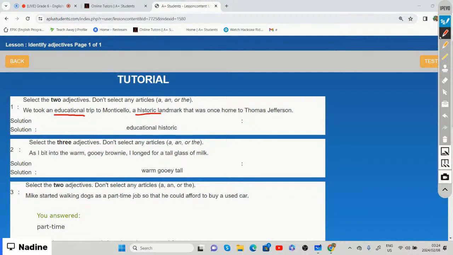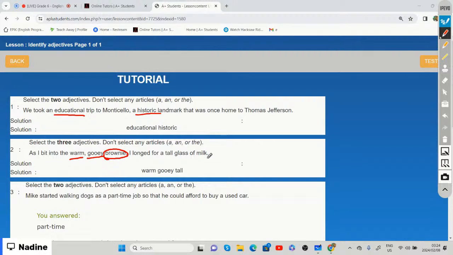As I bit into the warm, gooey brownie, I longed for a tall glass of milk, right? So basically, there are two nouns within the sentence. The first one that is going to be described is the brownie, which is warm and gooey. That is already two adjectives.